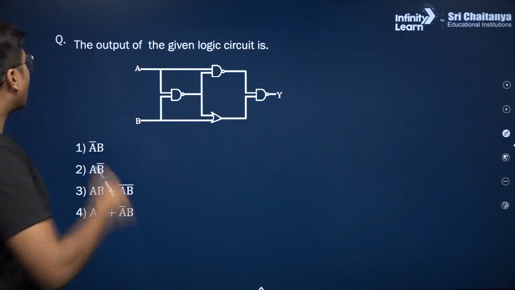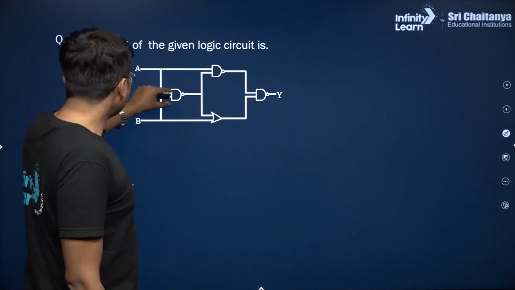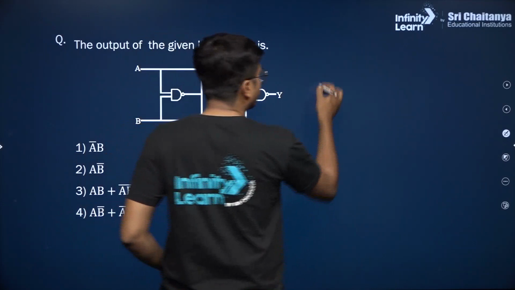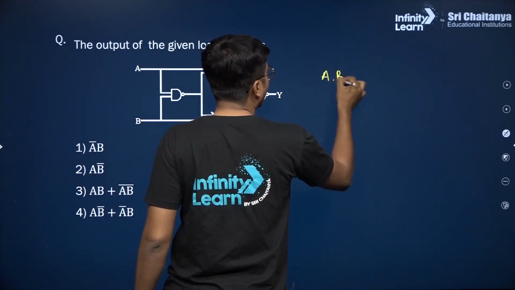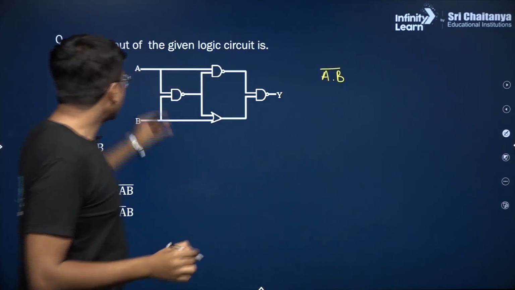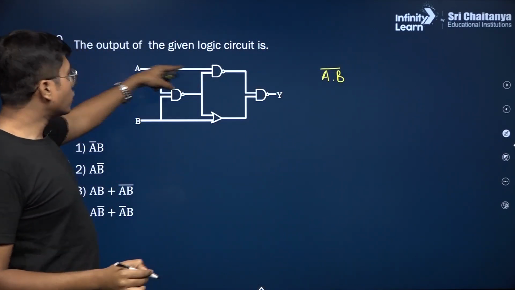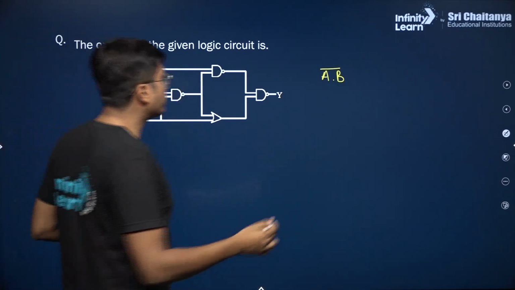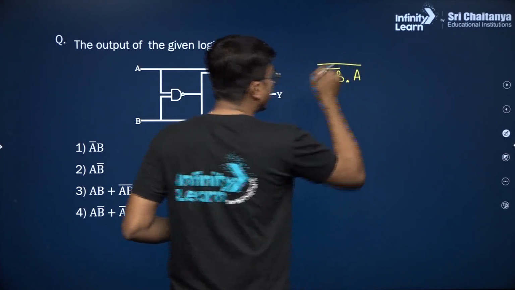Next one, we need the output of the logic circuit. So let's understand. First, this part gives us A dot B bar. This is a NAND gate. So you have A dot B bar. And that A dot B bar on this side is connected to just the A coming into another NAND gate, which means you have dot A, and since it's a NAND, you have the NOT up top.